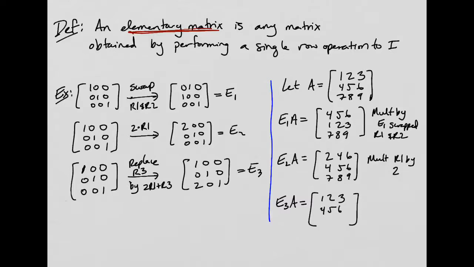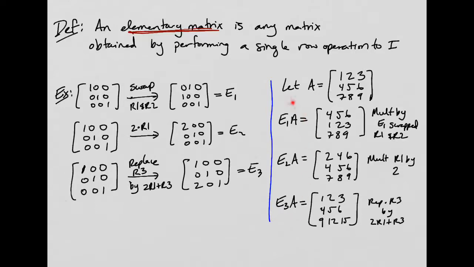And again, I suggest you actually multiply it out yourself to see this is true, but the third row will end up being 9, 12, and 15. And this is obtained by replacing row 3 by 2 row 1 plus row 3.